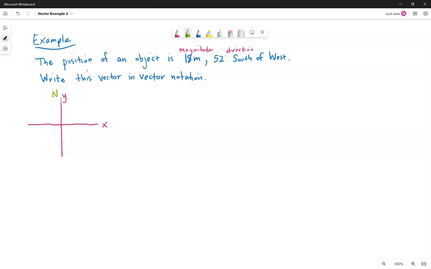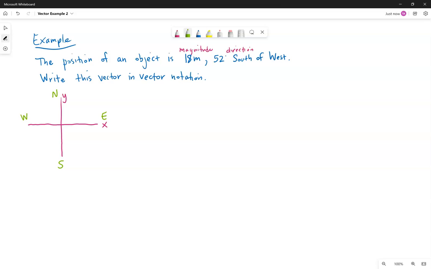Typically, we say north is the positive y direction, south is the negative y direction. That would make east here the positive x and west here the negative x. So this is our typical setup of a problem that deals with south and west here.